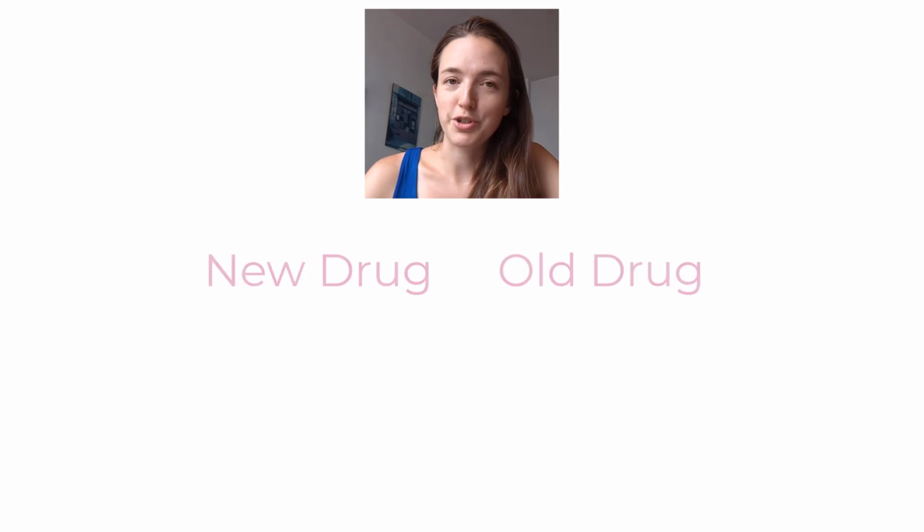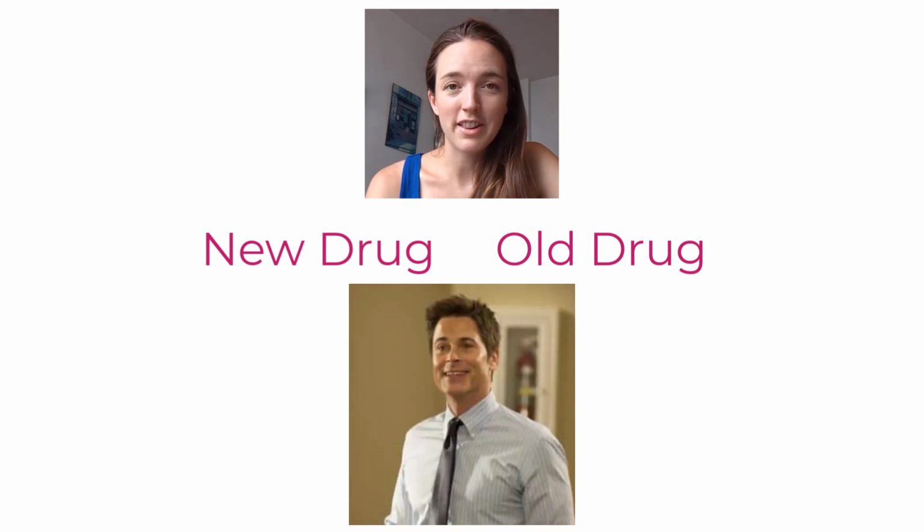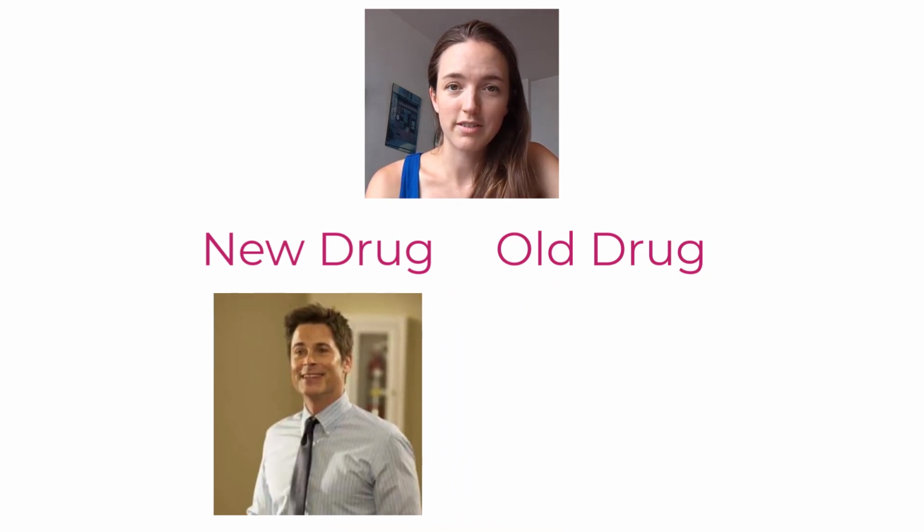But in a real world study, let's say you have some kind of medication that's supposed to lower your blood pressure. And you let people choose, do you want to take the new drug or do you want to take the old drug that doesn't work very well? The people who are more interested in their health are probably going to choose the new drug, knowing that the old drug doesn't work very well. And the people who are more interested in their health are going to be generally more healthy in the first place.